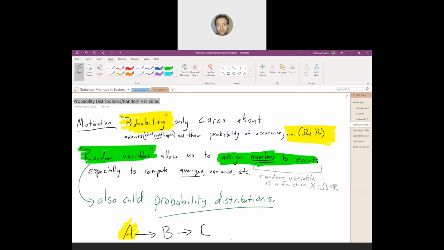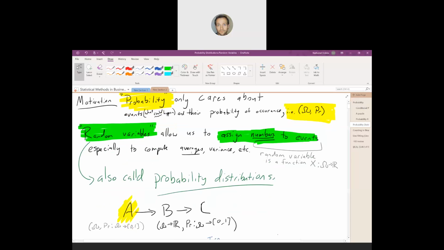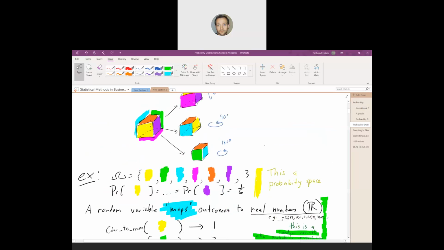Given any particular circumstance, if you prefer one phrasing over the other, great, choose that one. In general, I prefer the terminology probability distribution.